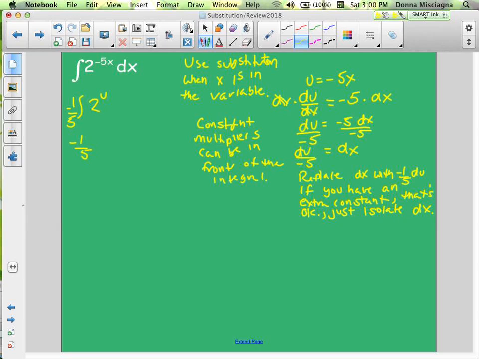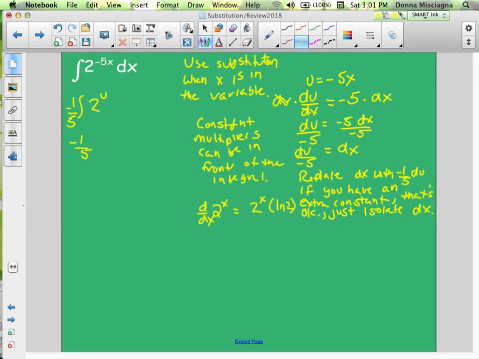Normally, when we take the derivative of, say, 2 to the x, we'd still have 2 to the x, but because it's not e to the x, we have to multiply that by the natural log of the base.